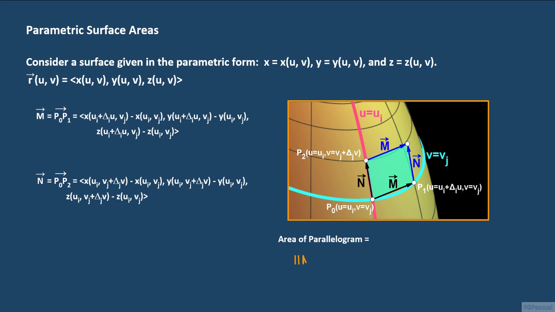The area of the parallelogram is equal to the length of the base vector m multiplied by the height. The height is the distance between the base vector m and the opposite parallel vector.